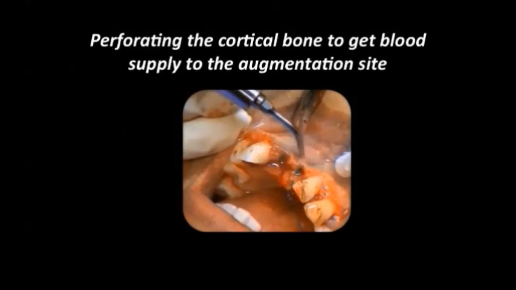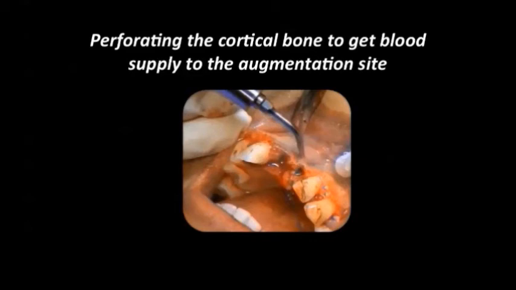You can see here I'm trying to perforate the cortical bone in order to gain some blood supply to the augmentation site, and in order to facilitate the blood vessels penetrating that bone, make it thinner, as we noticed before. And I had this problem before.